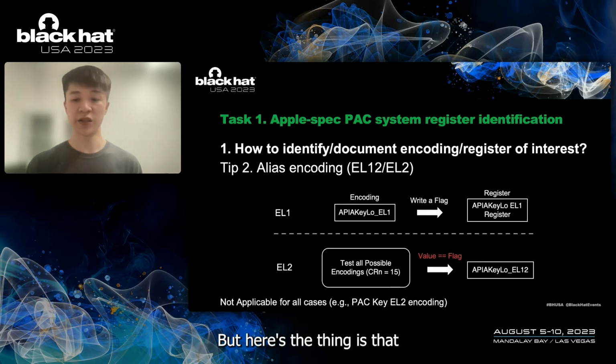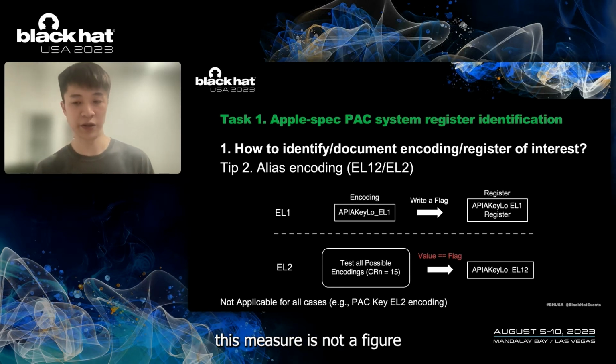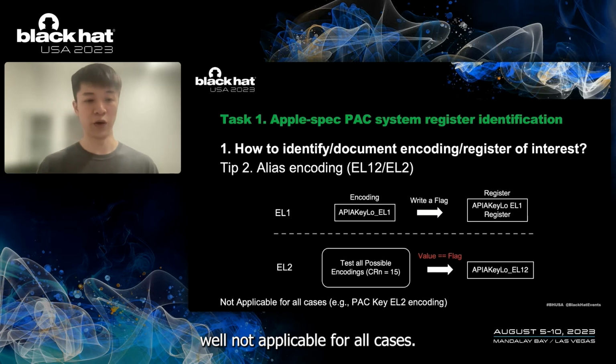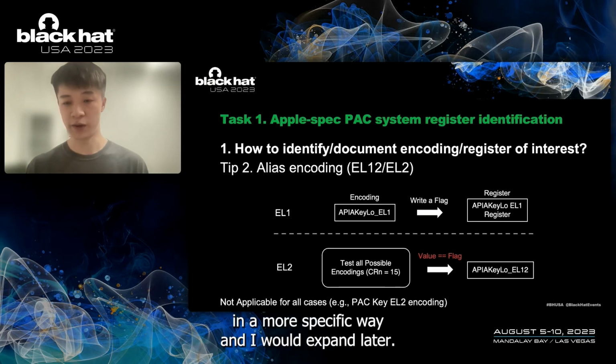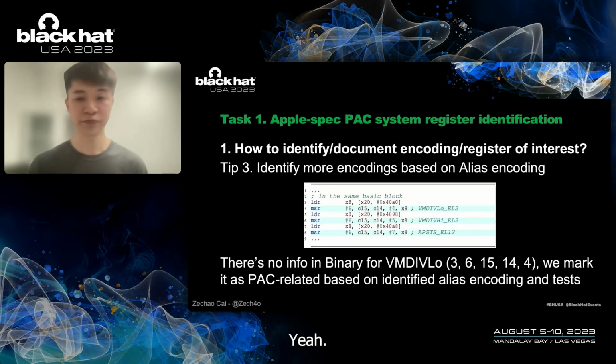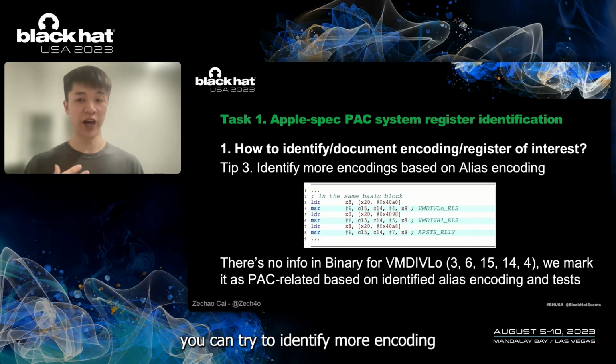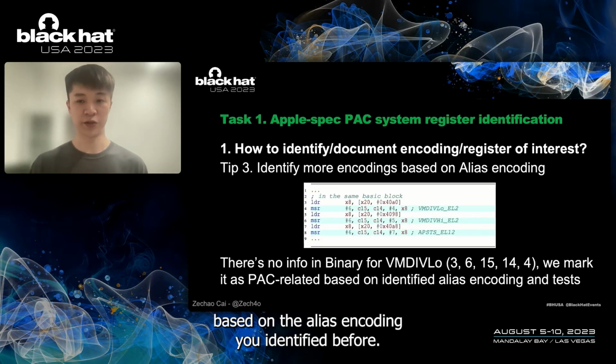But here's the thing: this method is not applicable for all cases. For example, the PAC key EL2 encoding, I identify in a more specific way, and I will explain later. And tip 3 here is you can try to identify more encodings based on the alias encoding you identified before.